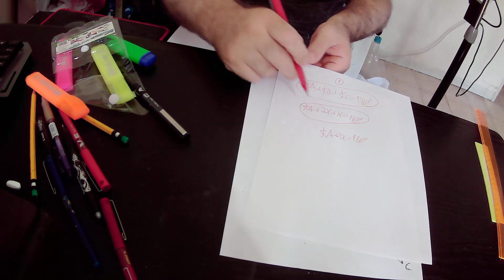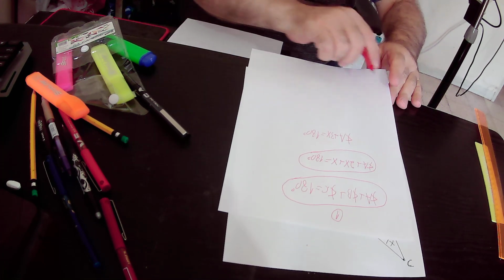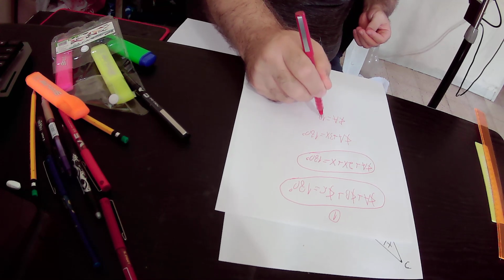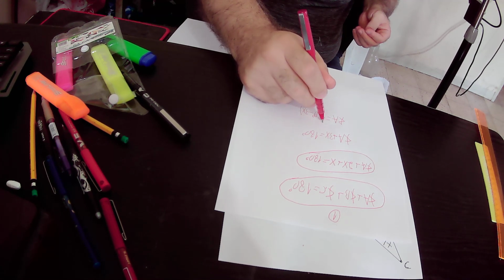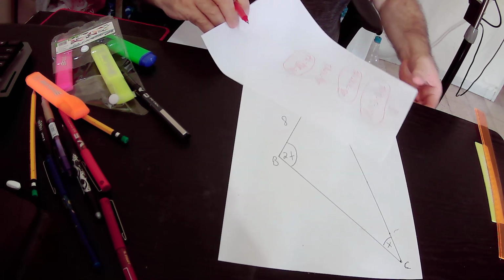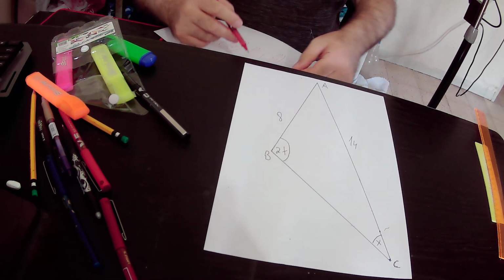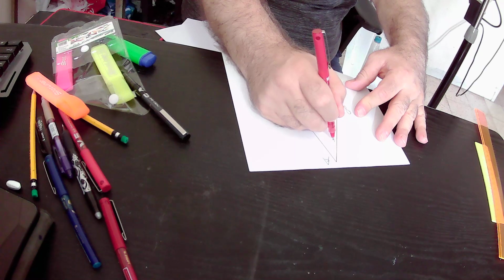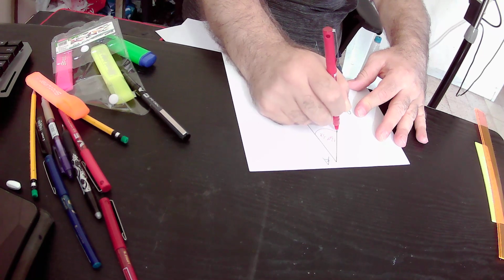Here we'll subtract 3x from this equality in order to get the value of angle A. We'll get angle A equals 180 degrees minus 3x. So we found the size of angle A. Angle A equals 180 degrees minus 3x.